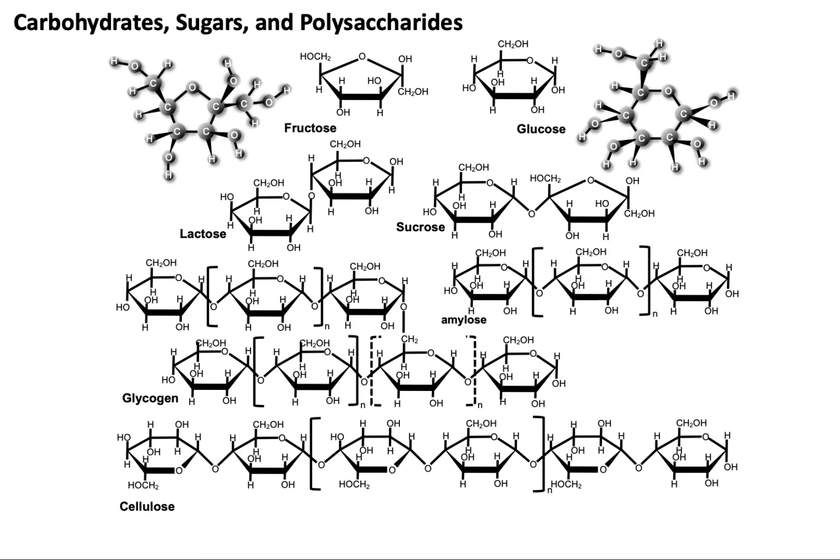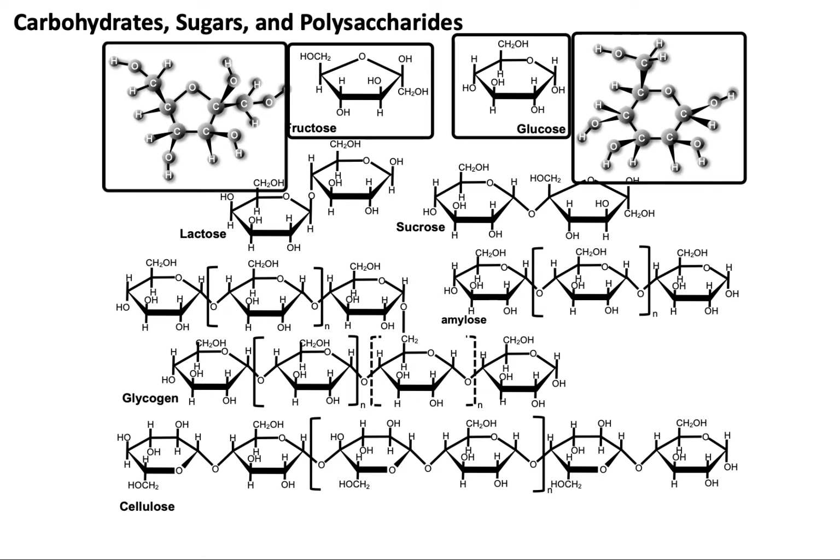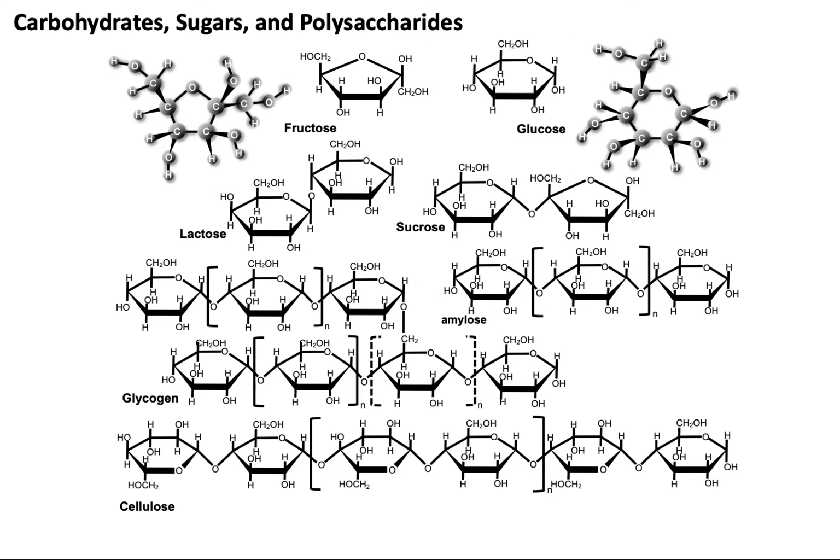So here's some of the monosaccharides, fructose and glucose, and then disaccharides, including lactose, which everyone knows as milk sugar, but also builds up in your muscle cells when you work hard. And then sucrose, which is the normal sugar that you have, table sugar. Then you have these polysaccharides such as amylose, which is in plant cells, which are just repeating units of glucose.